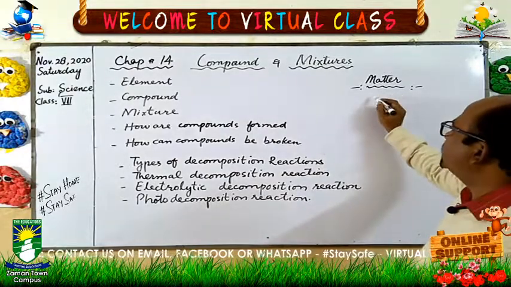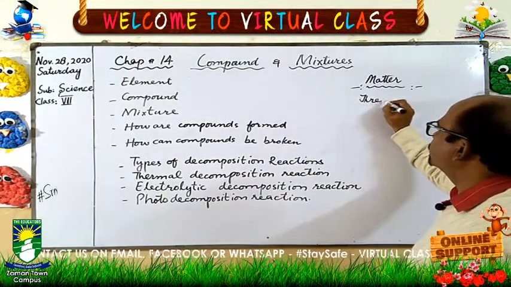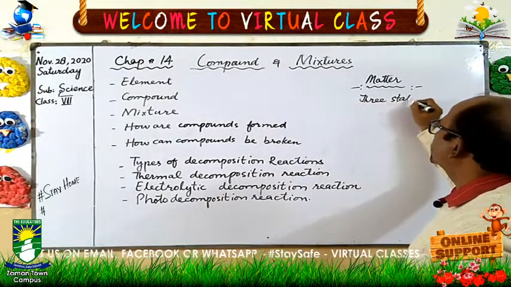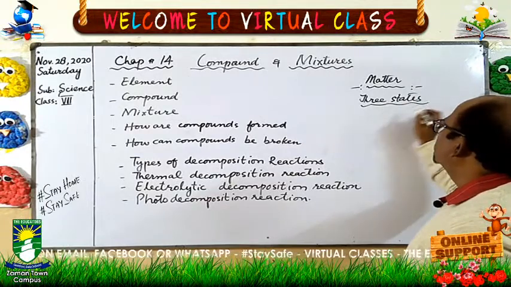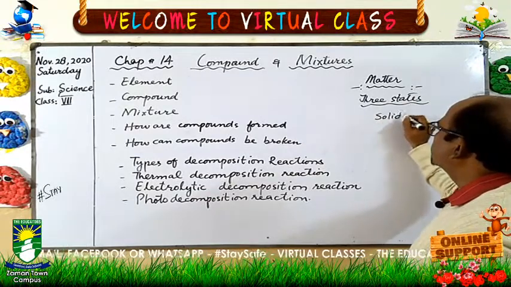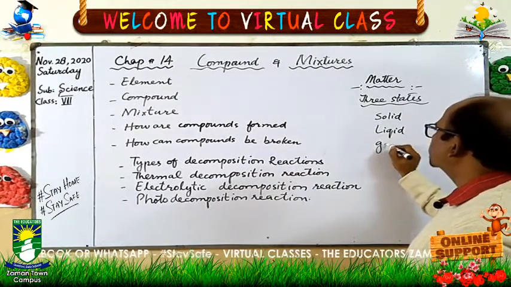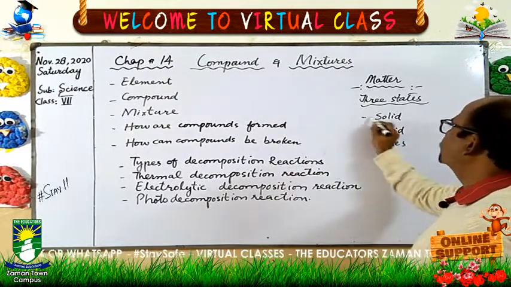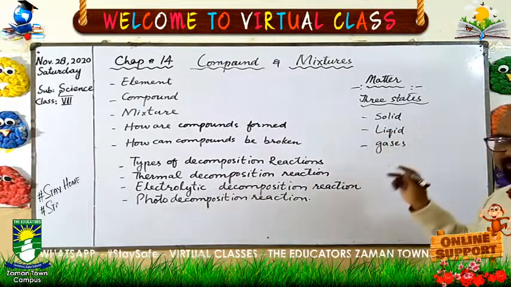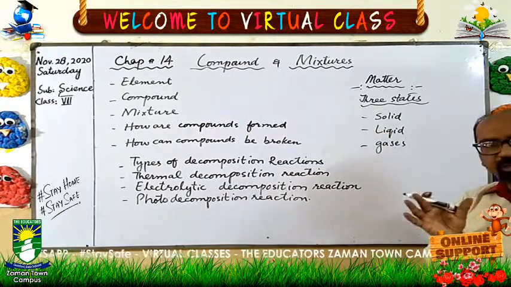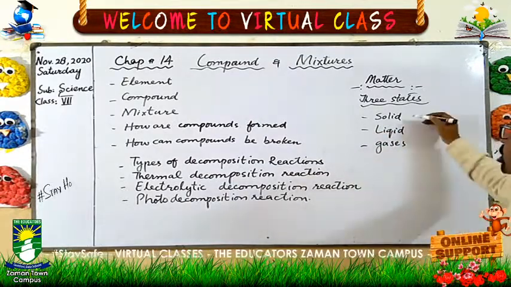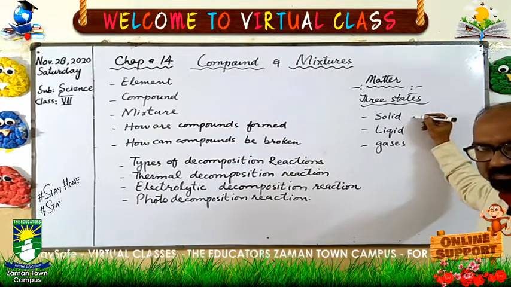Matter has three states: solid, liquid, gases. These are three states of matter. When we see around us, a lot of things are present in a solid form.